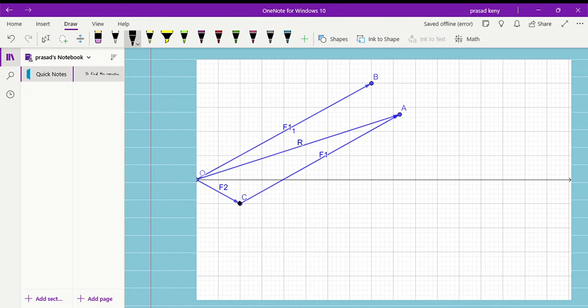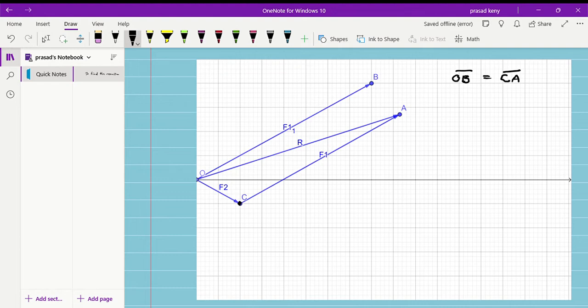So in this case, vector OB is equal to vector CA by the definition of equality of vectors. Two vectors which have the same magnitude and the same direction are equal vectors.